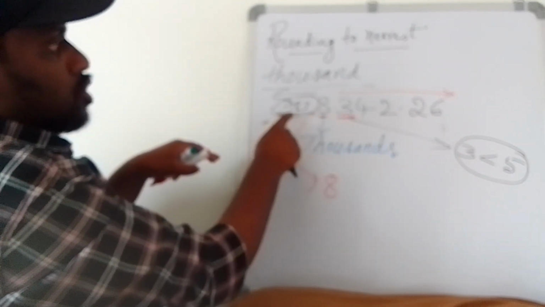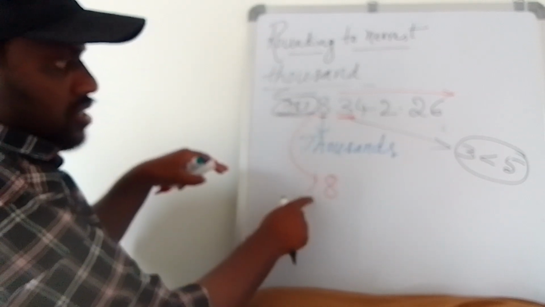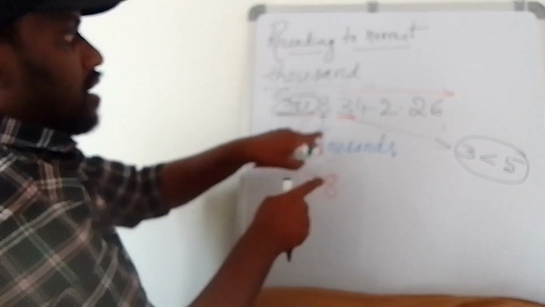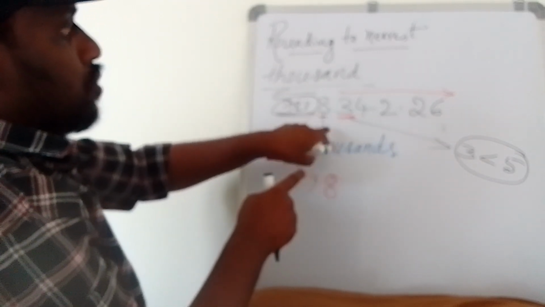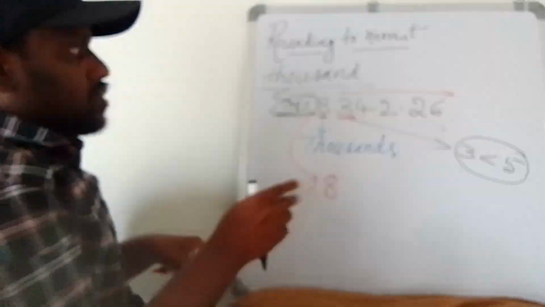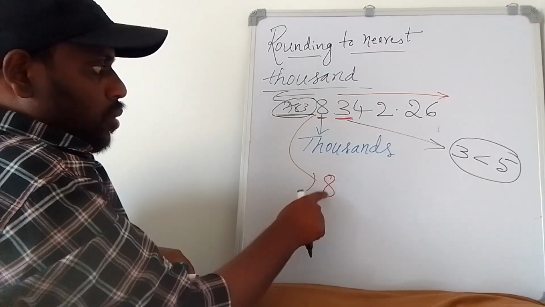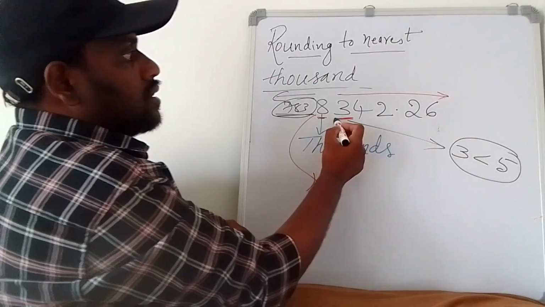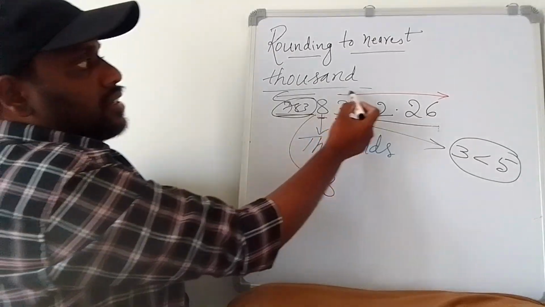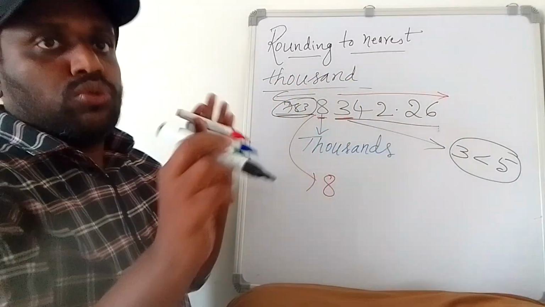These digits should be taken as they are. But since here only one digit is there in the thousands place, and before it there are no other digits, I am taking only 8 down and making the other digits after this 8 zeros.